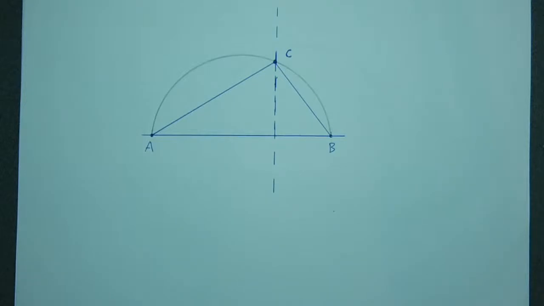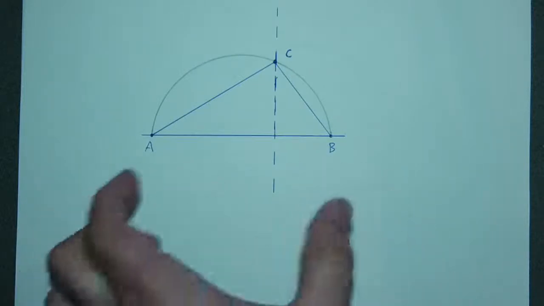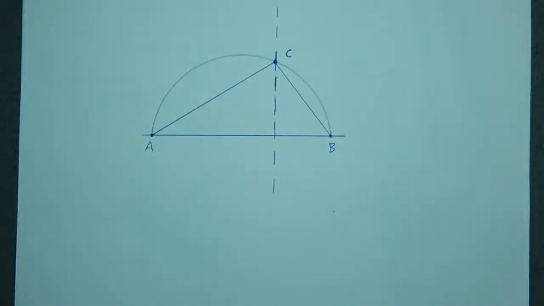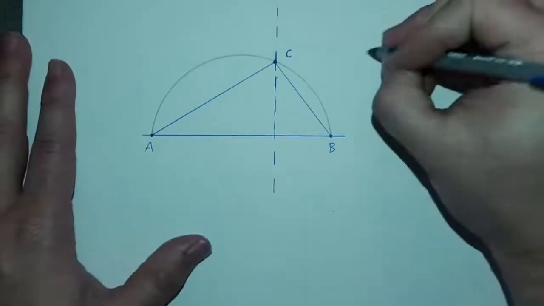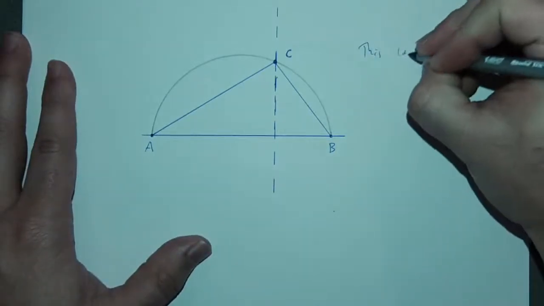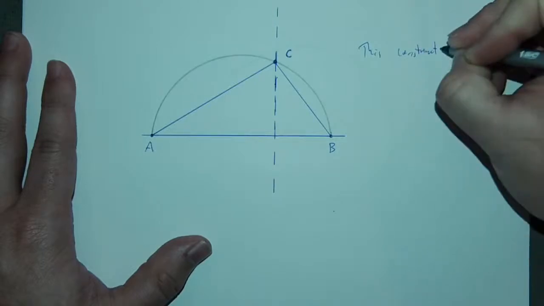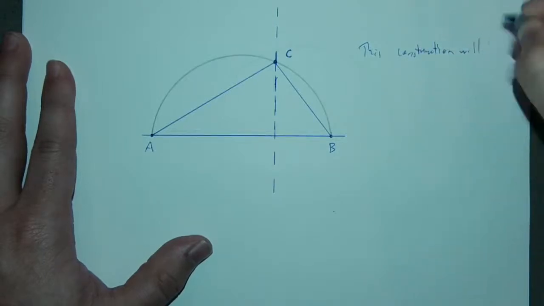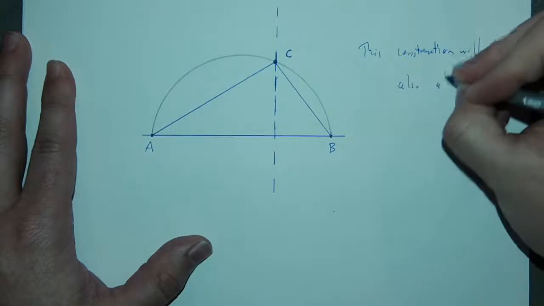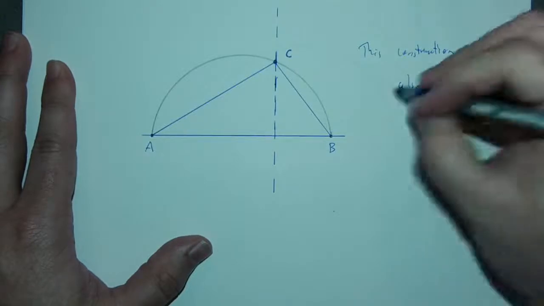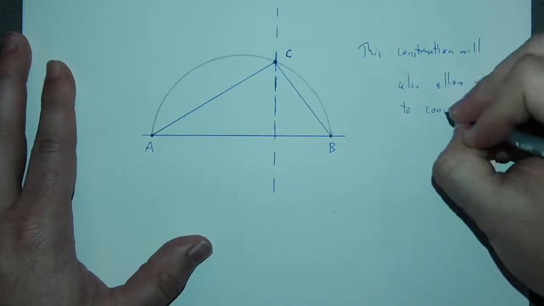So this is a nice way of constructing a right triangle on a given segment that you want to be its hypotenuse, right? Given a line segment, this is a nice way of constructing a right triangle having that line segment as its hypotenuse. We're going to see that this construction will also allow us to construct square roots.